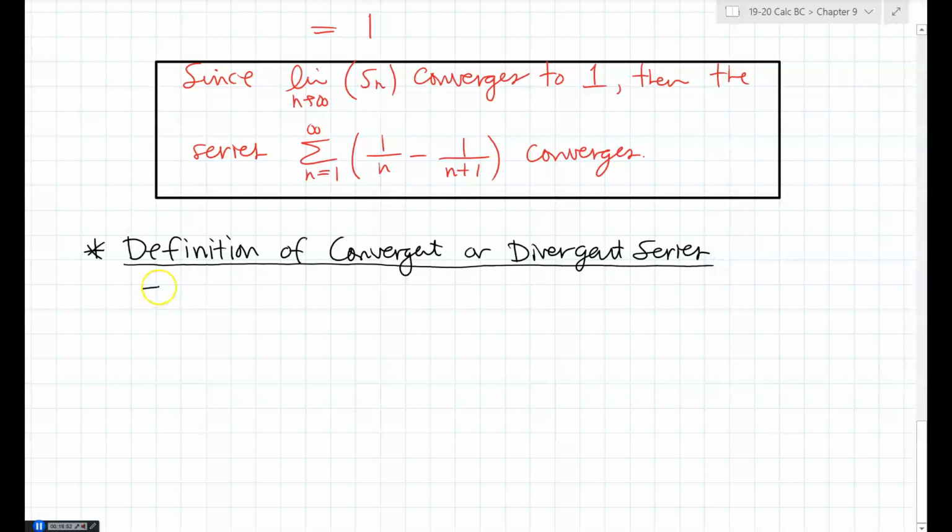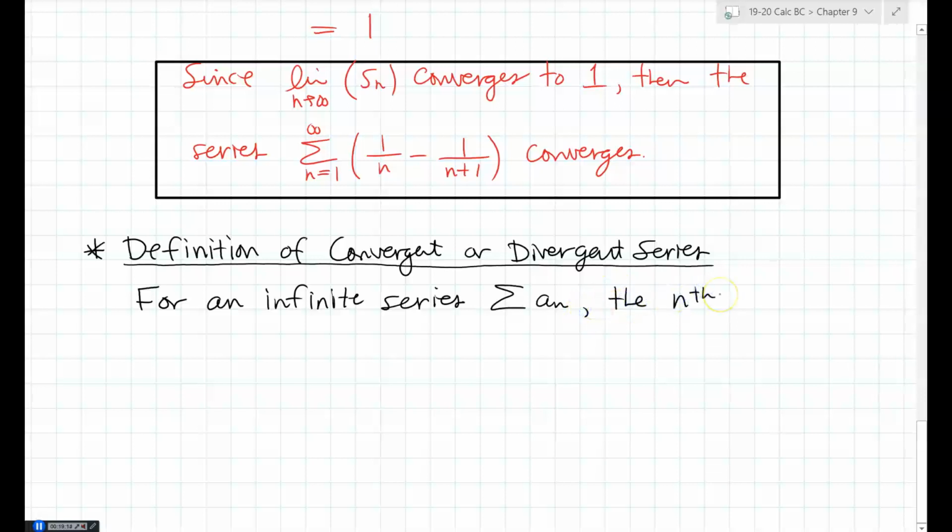So it says for an infinite series, the sum of a sub n. Notice they don't actually get too particular with what the lower and upper bounds are.